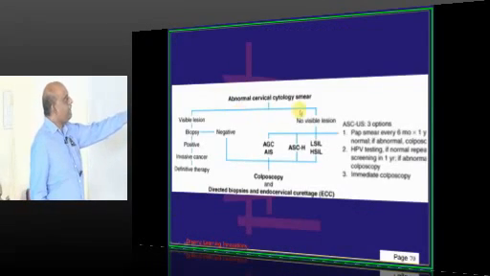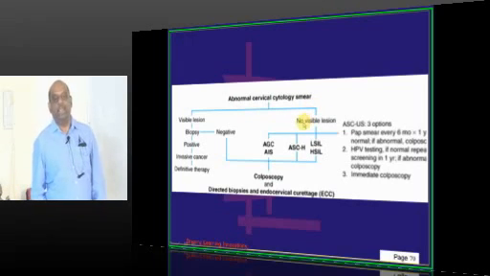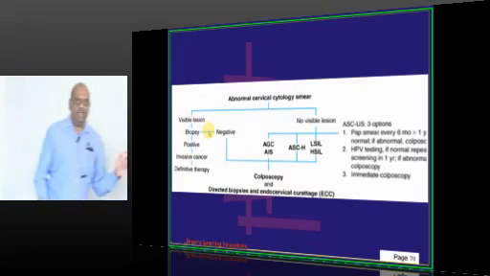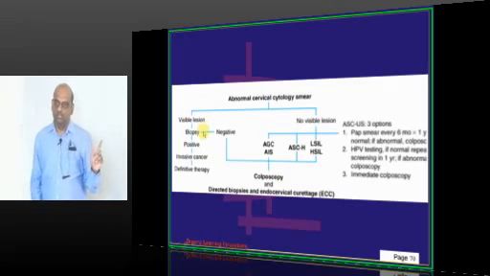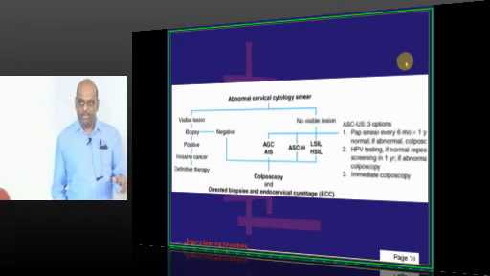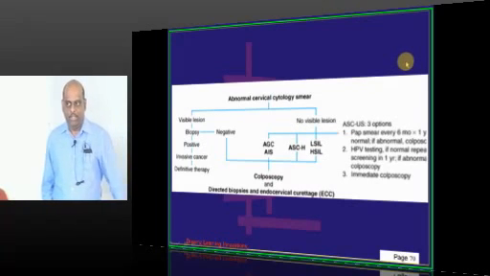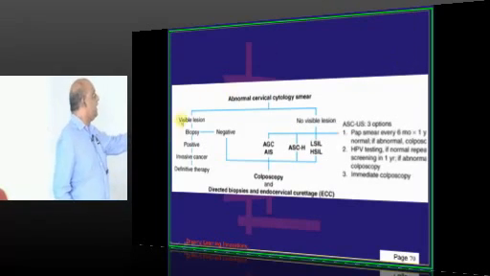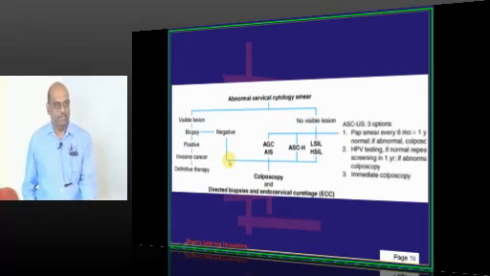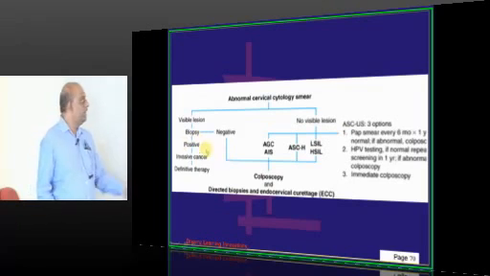So, whenever an abnormal cervical cytology smear is there, you have done a Pap smear, you look whether there is any visible lesion or no visible lesion. Cytology is showing abnormality. Then if it is a visible lesion, colposcopically visible, you do the biopsy.